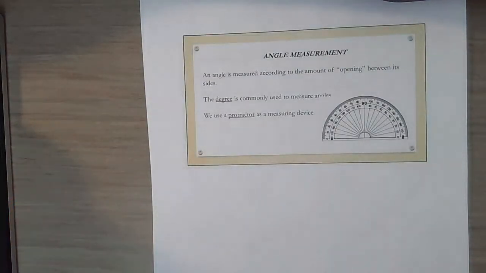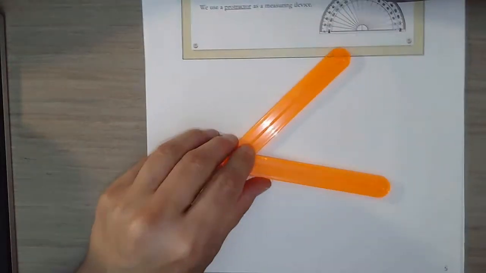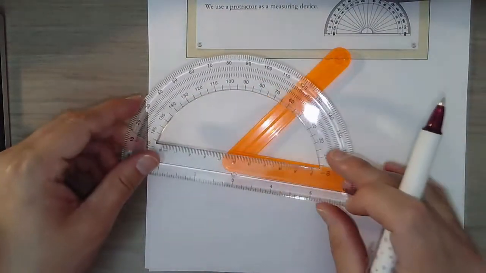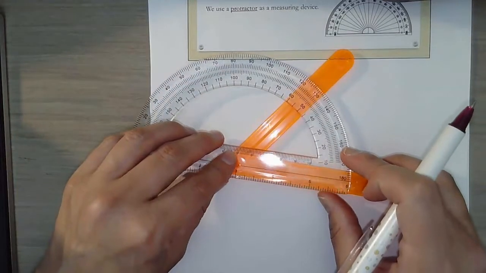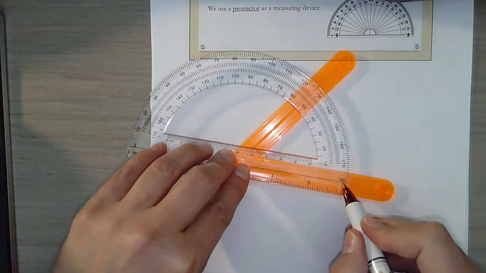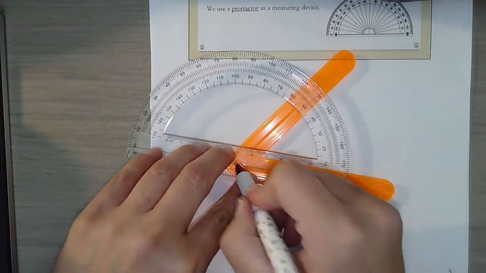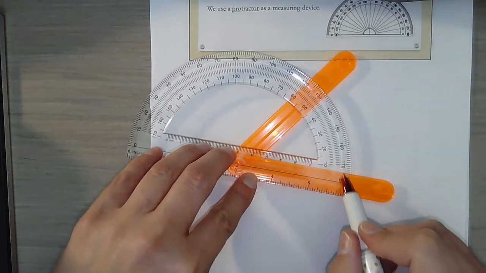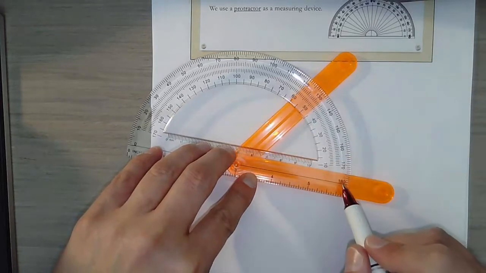Now, we use something called a protractor to measure the opening between the sides, the opening of the angle. So if I have this angle here, I would put the protractor on my vertex, and I would measure the opening.